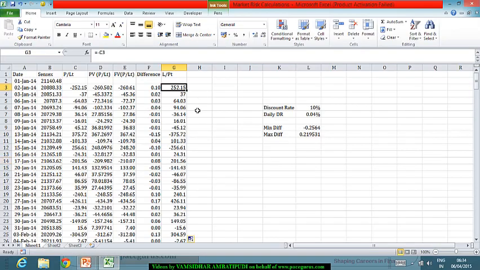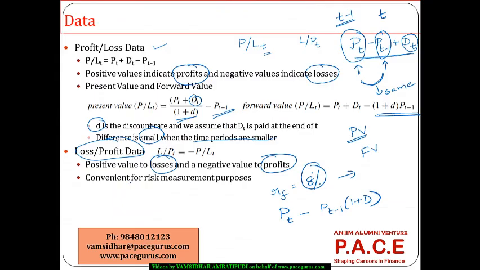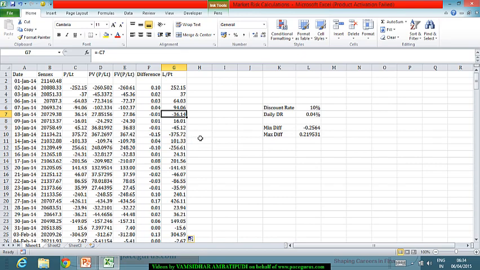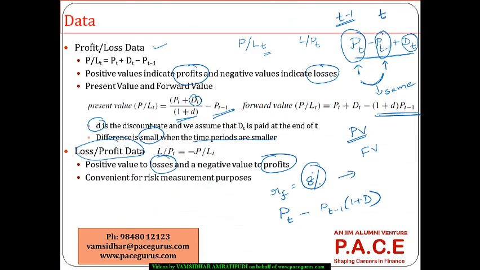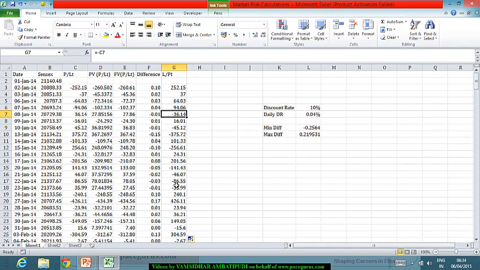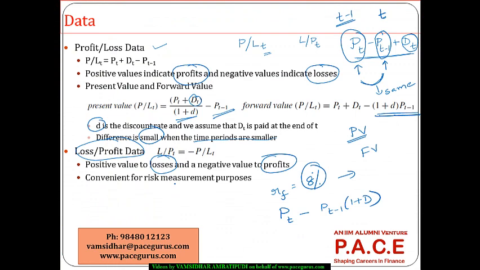If it is a positive value, then it means a loss. If it is a negative value, then it means a profit compared to the previous period. And probably for various risk management mechanisms, this kind of calculation is more appropriate because we try to measure the losses more and all our expressions will be with respect to the loss data. So that's one more aspect.